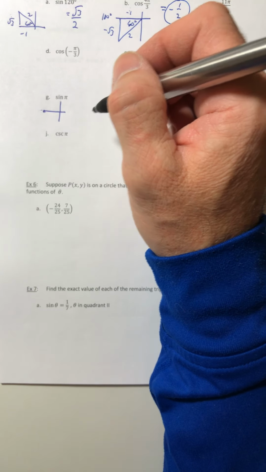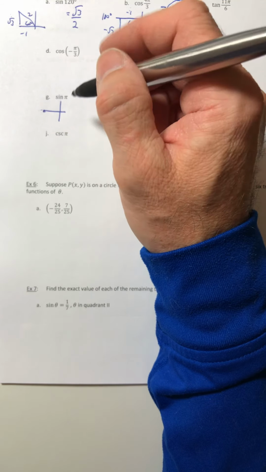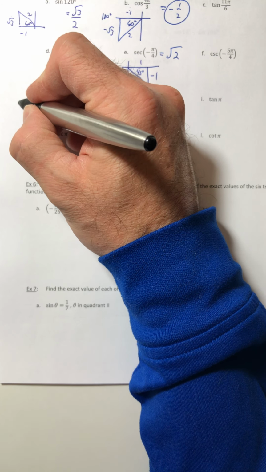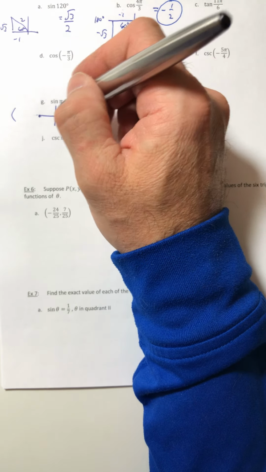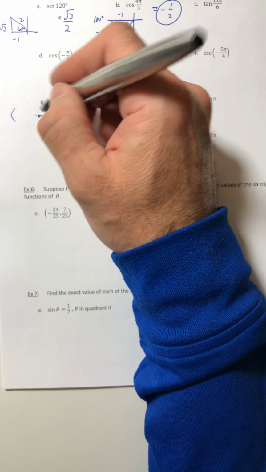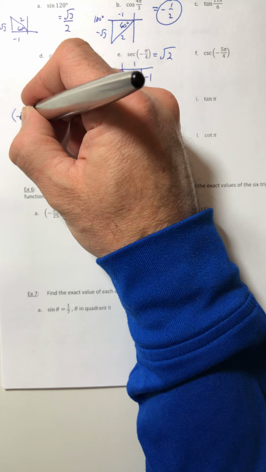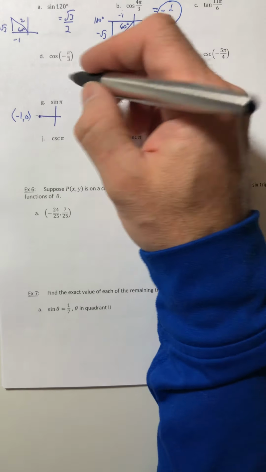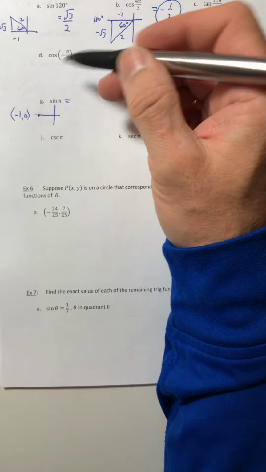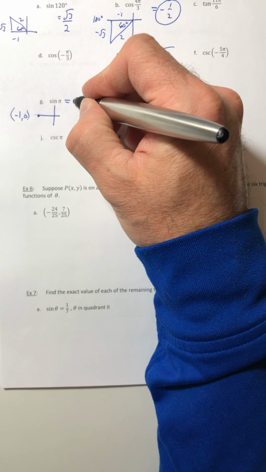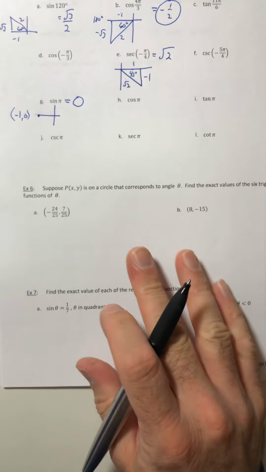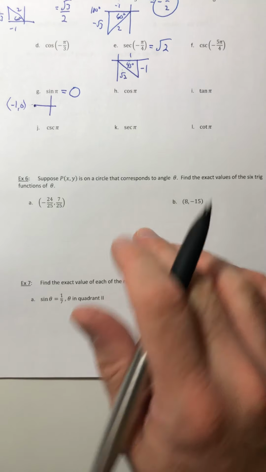So instead, you do have to use those unit circle definitions. But the ones that are on the coordinate axes are not that hard because the radius is always 1. So the point out here is going to be negative 1, 0. So sine of pi, that's just the y value. So that's just going to be 0.